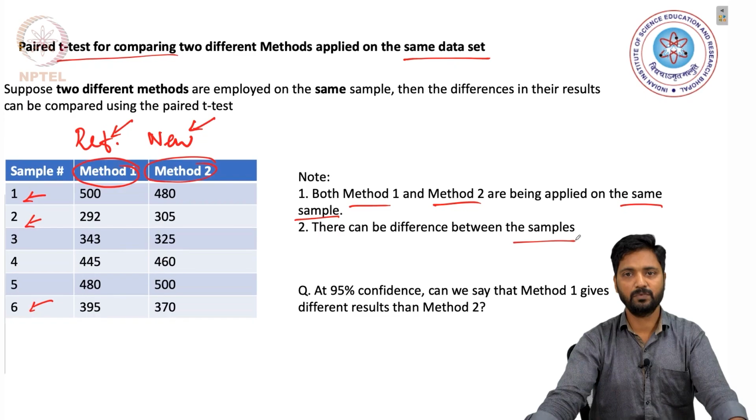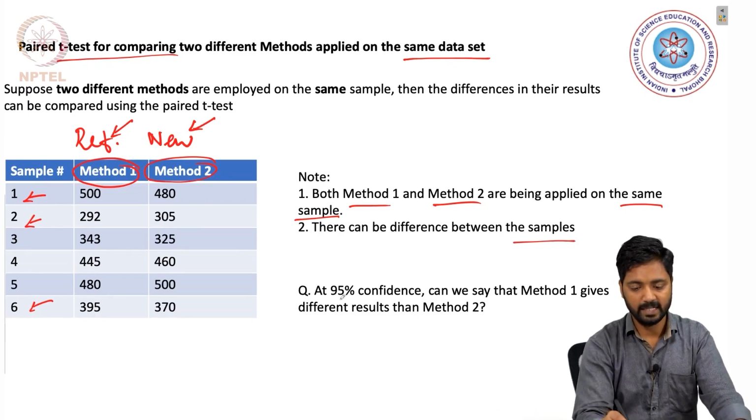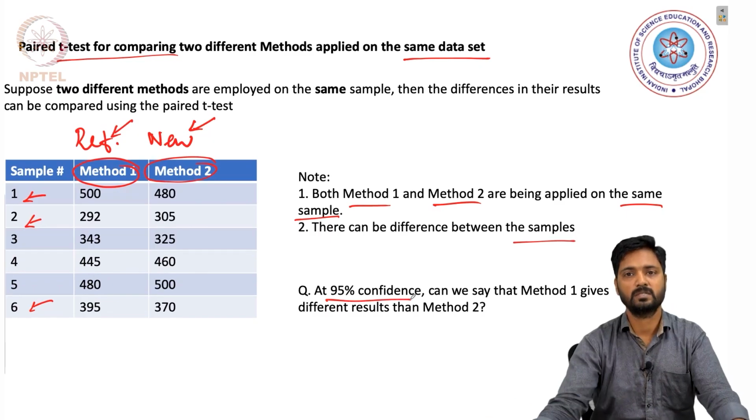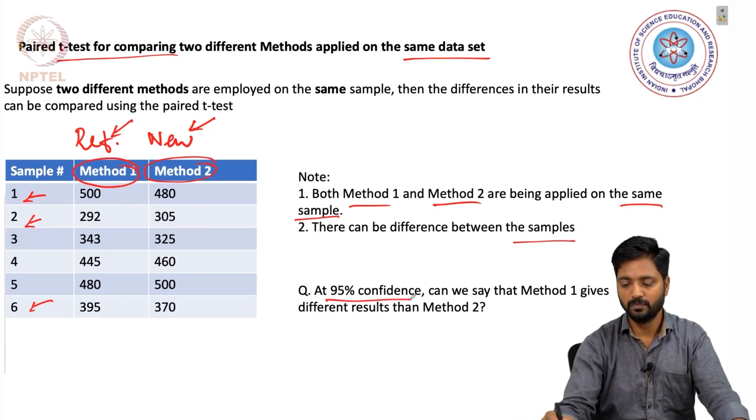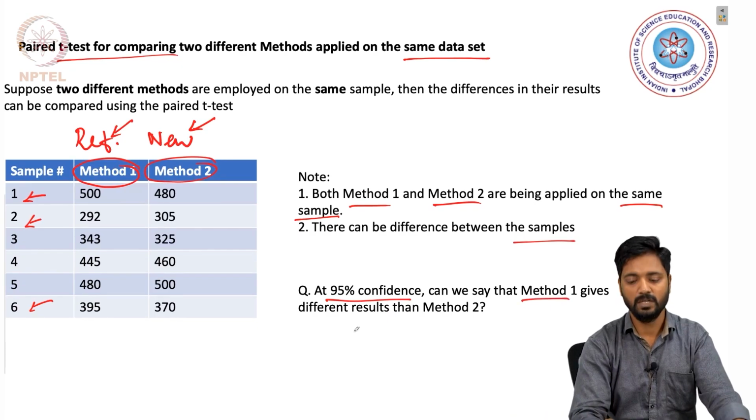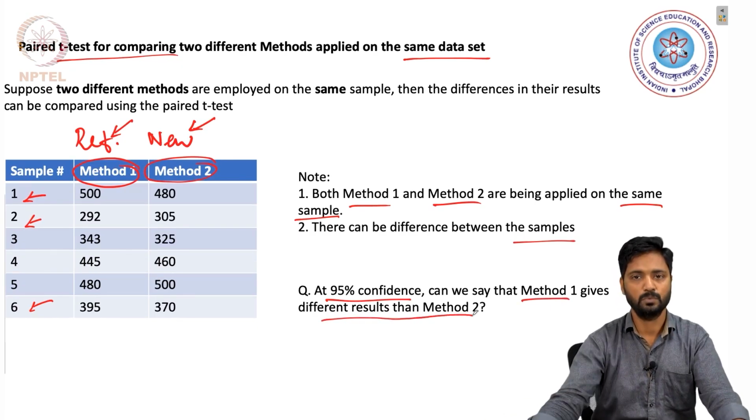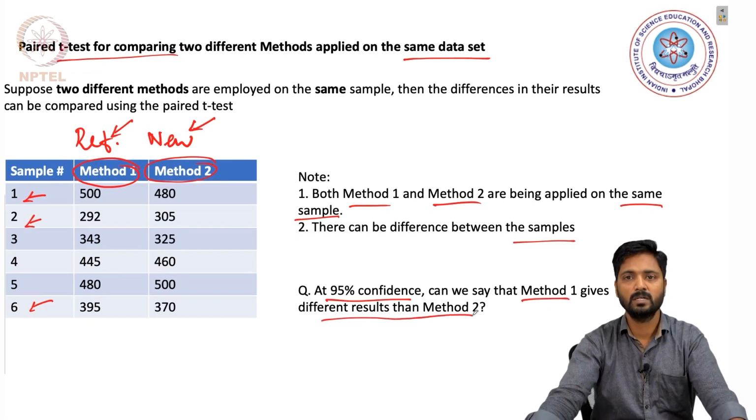And the question that we would want to answer, for example, is that at 95% confidence, can we say that method 1 gives different results than method 2? So here you might recollect that since it is only about the estimation or prediction of differences between the two methods, a two-tailed test can be applied.